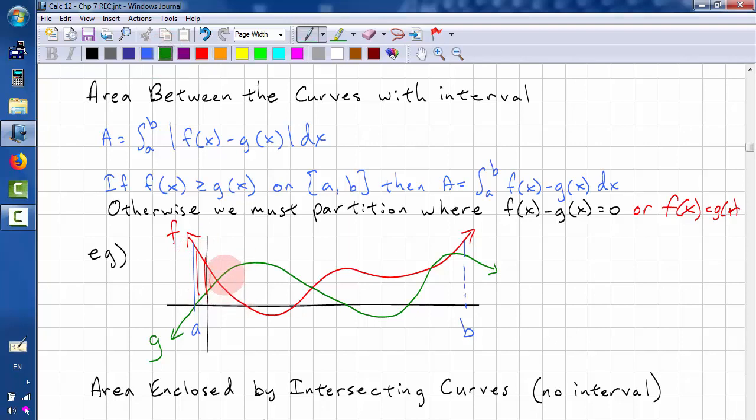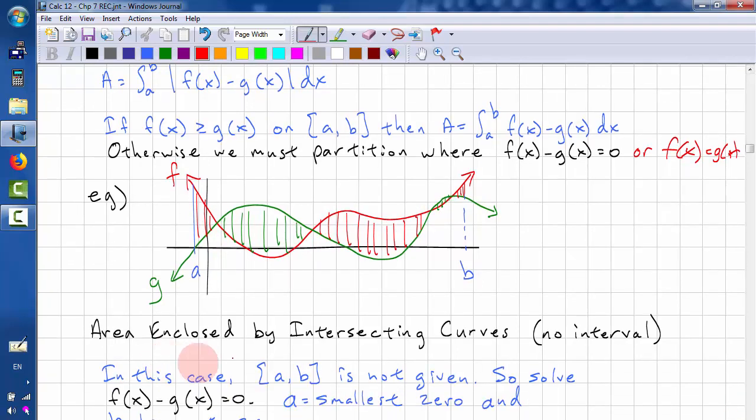Here we need to do g of x minus f of x. Swapping, now we need to do f of x minus g of x. And swapping again, g of x minus f of x. And finally here we have f of x minus g of x. If a zero has even multiplicity, then you can treat it as one partition.